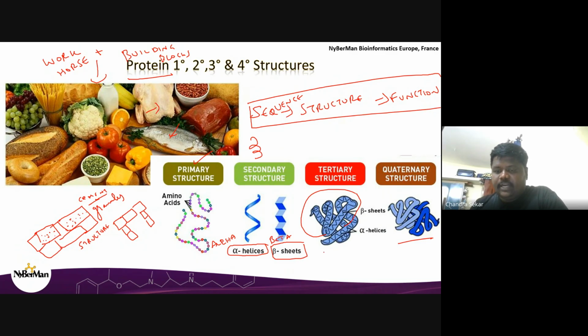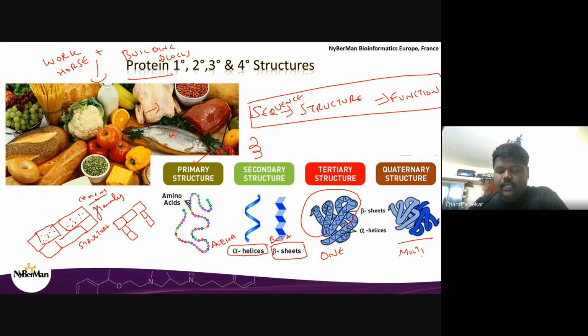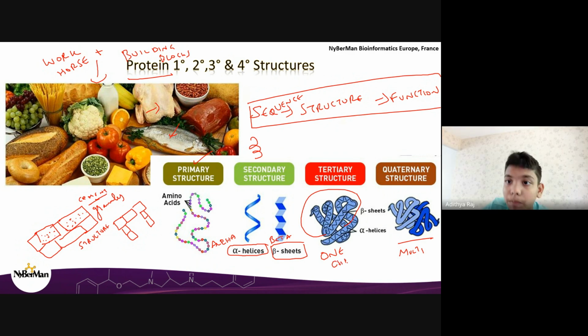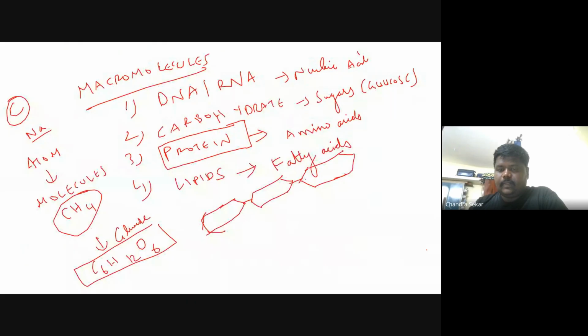So tertiary means one chain, and quaternary means multiple chains. Clear? Not four and above. One and above itself is quaternary.